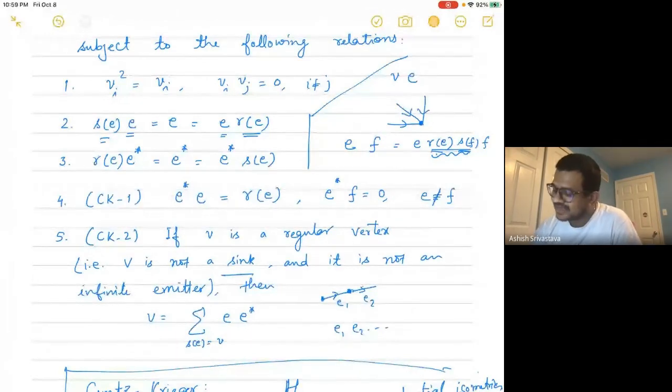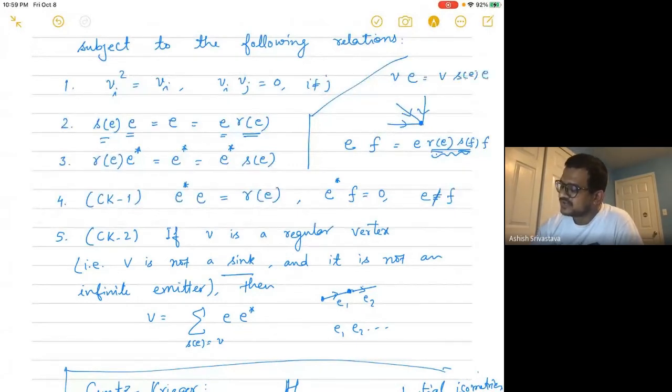Again, you can play the same game. You can say this V is source of E and then E. Now you have a product of two vertices, and you know what to do there. So once I give you these 5 conditions, you know how to multiply anything there.